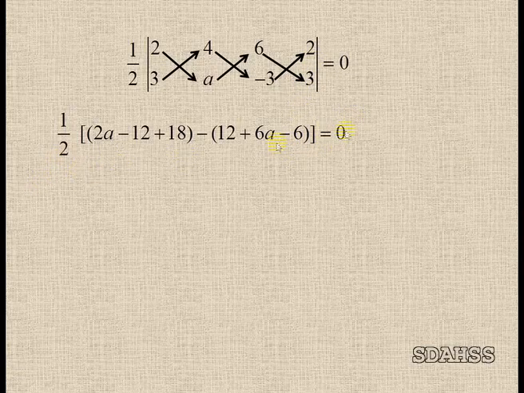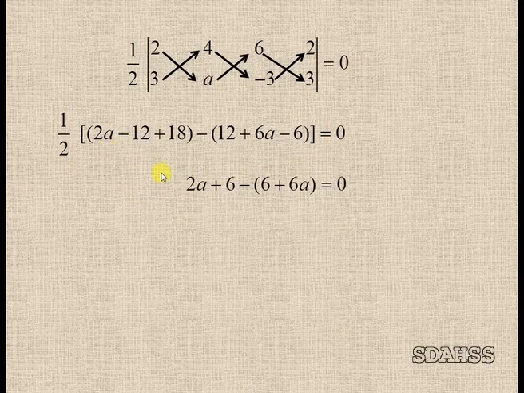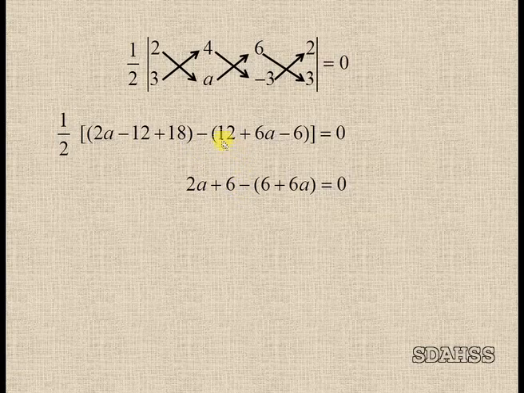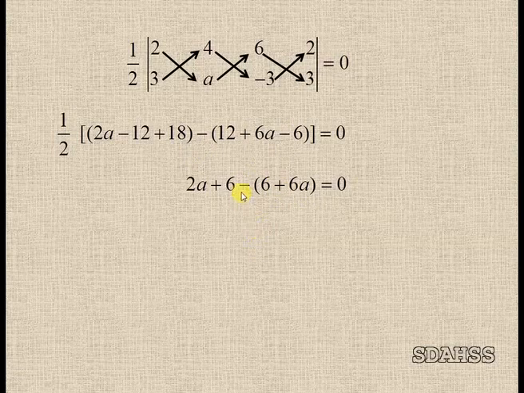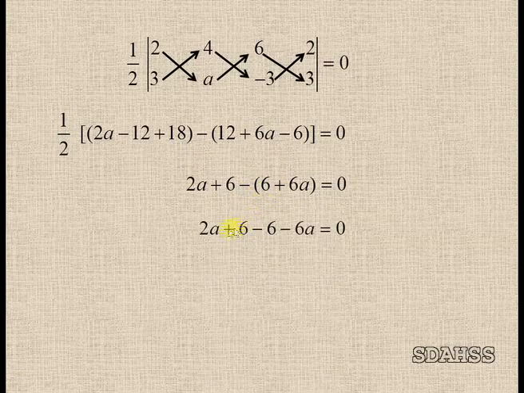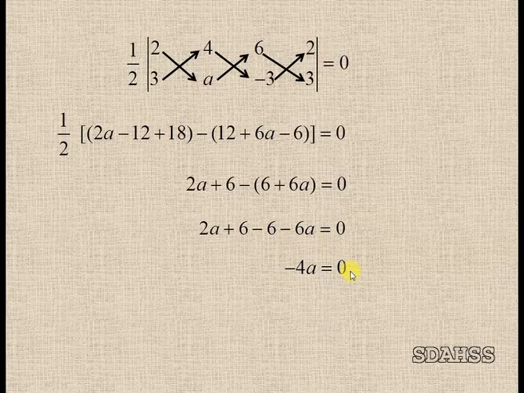Cross multiply: 2A, 18 minus 12, 6, minus 12 minus 6, 6 plus 6A is equal to 0. Multiply the minus inside the bracket, so you have 2A plus 6 minus 6 minus 6A is equal to 0. Now plus 6 minus 6 cancel, 2A minus 6A remaining, that is minus 4A, minus 4A is equal to 0, so A is equal to 0 by 4.